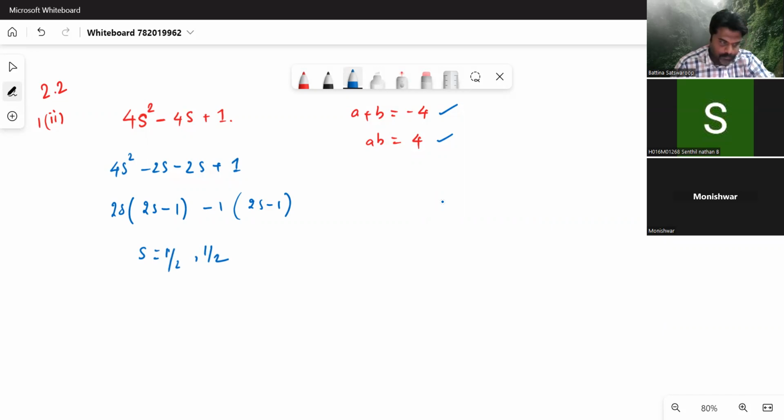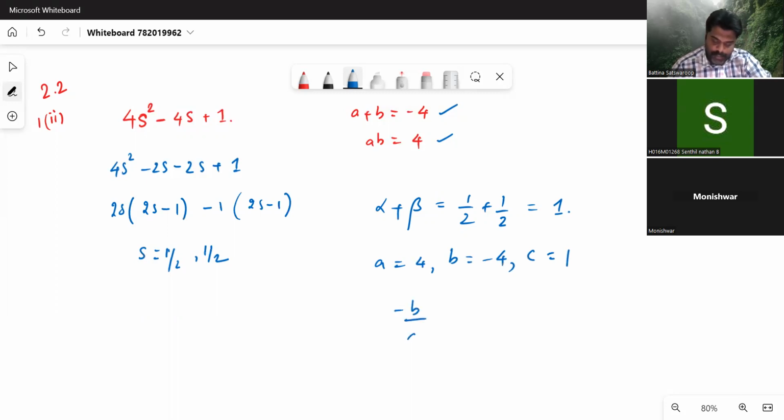Yes, sir. Now I want to verify. So for verifying, I will take alpha plus beta, the sum of zeros. So 1 by 2 plus 1 by 2, I am getting 1. Also, if you observe in this expression, a value is 4, b value is minus 4, c value is 1. So already you know alpha plus beta is equal to minus b by a.